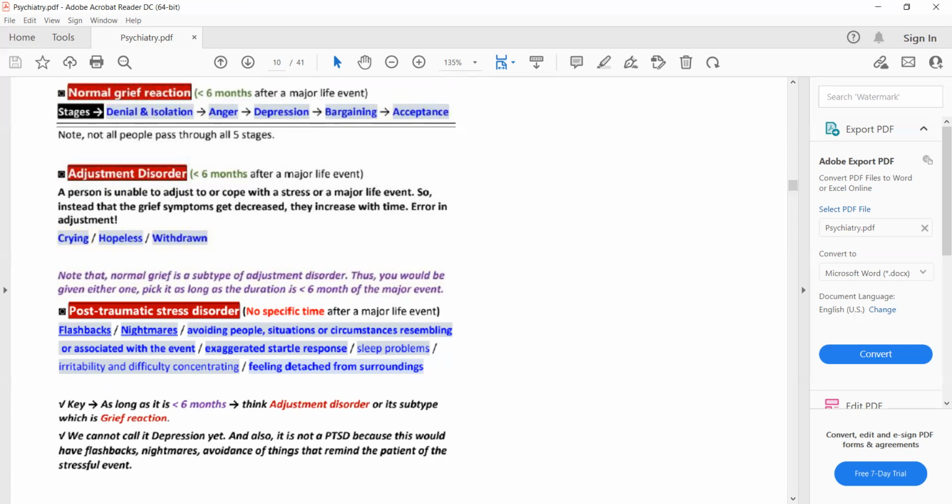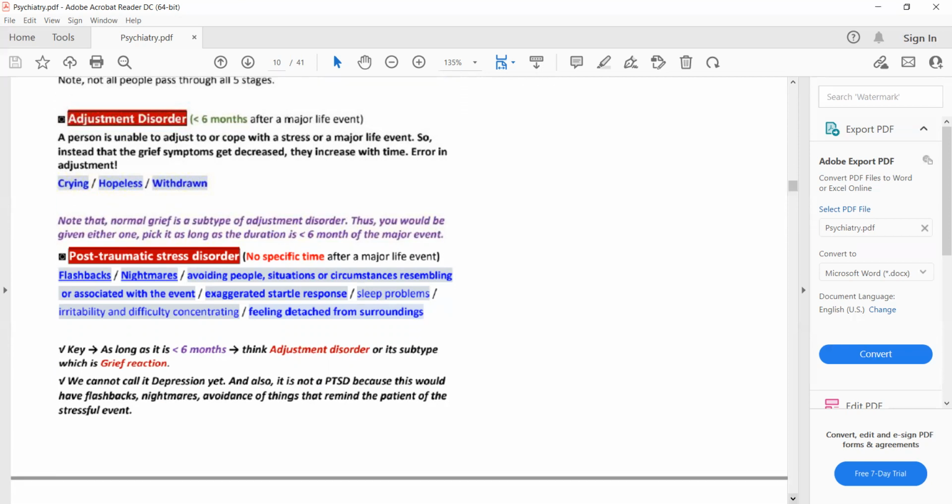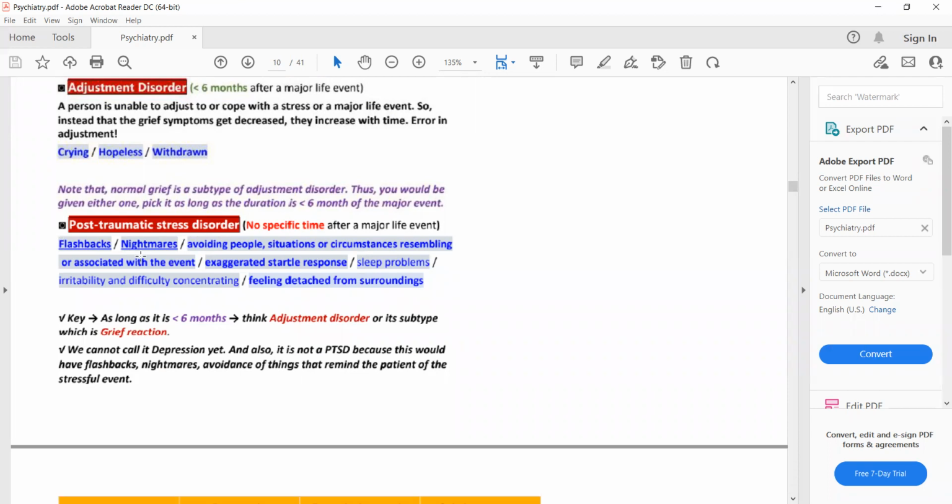Someone after a major life event presents to you with flashbacks, nightmares, keeps avoiding people or situations that resemble or are associated with that, even exaggerated startle response, sleep problems, etc., then you will label it as post-traumatic stress disorder.